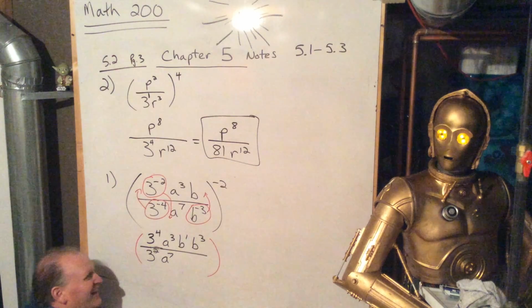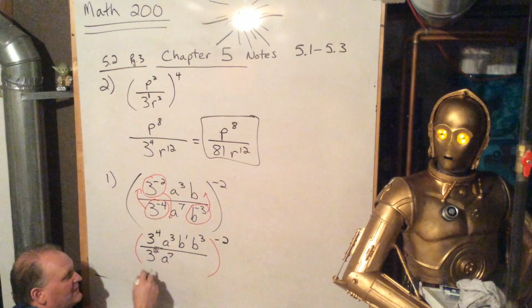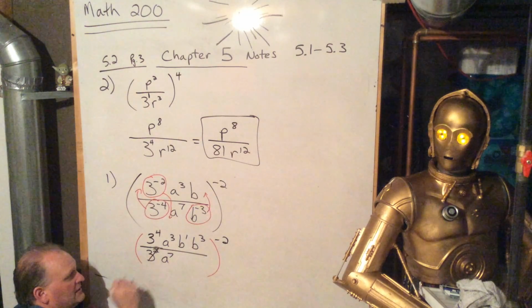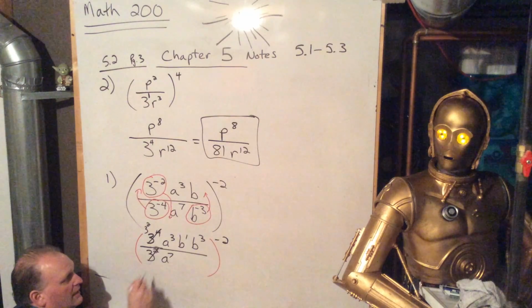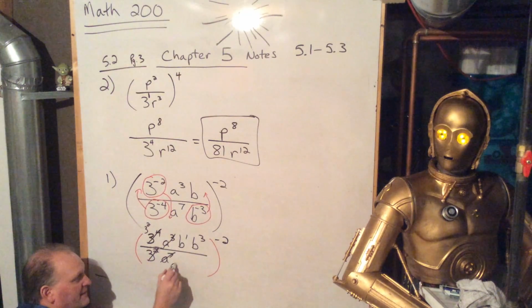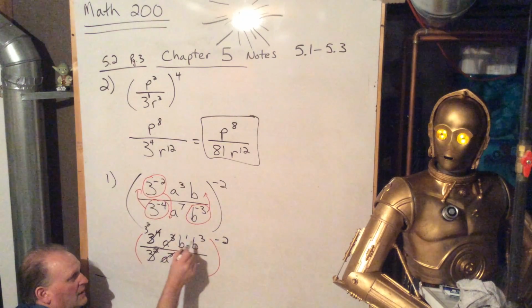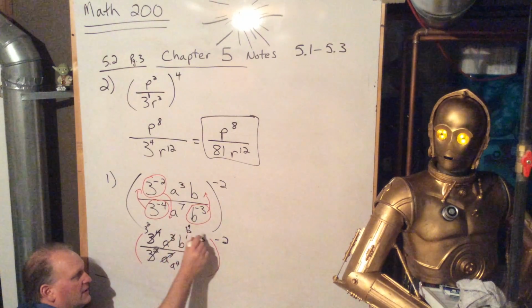Everybody else is up top. All right, it's all still raised to the negative 2 power. So now what happens? Well, 2 of those 3's cancel off, so that's just 3 squared. 3 a's on top, 7 a's on the bottom, so 4 left on the bottom. B1 and B3 all in a row, that's 4 in a row, so that's b to the 4th.